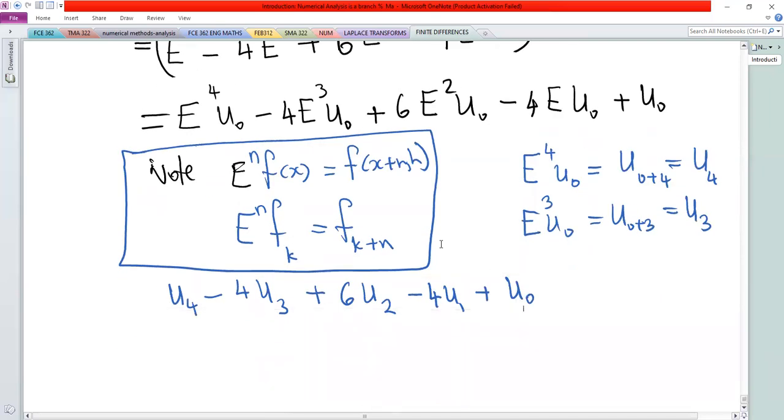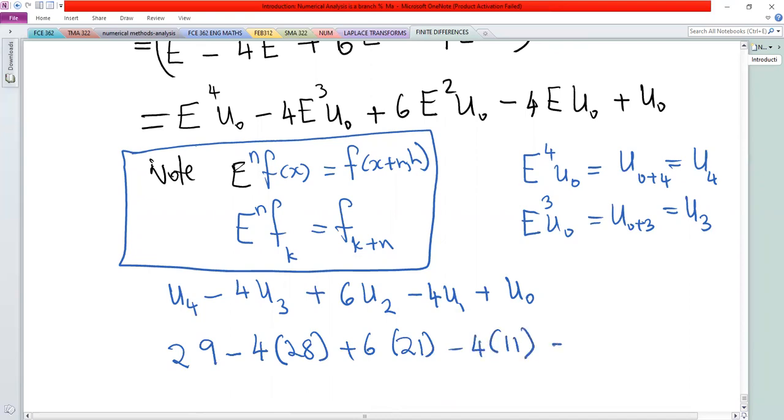So when you replace in the values, you will get 29 minus 4 times U3, which was given by 28, plus 6 U2, which was given by 21, minus 4 U1, which was given by 11, and then U naught, which was given by 1.